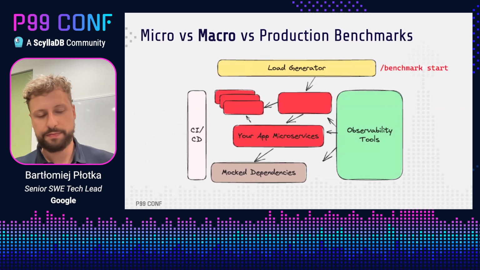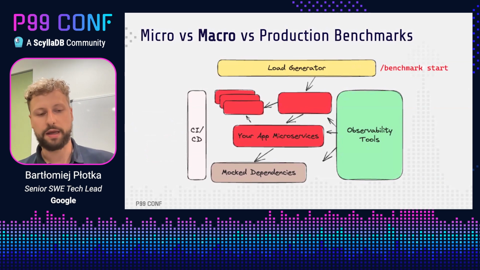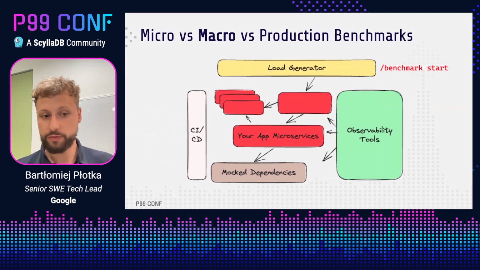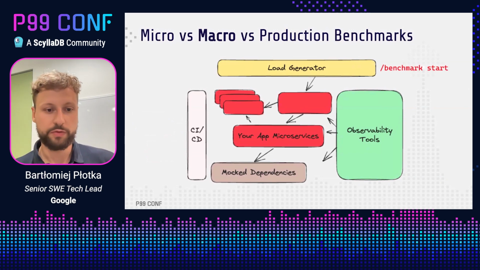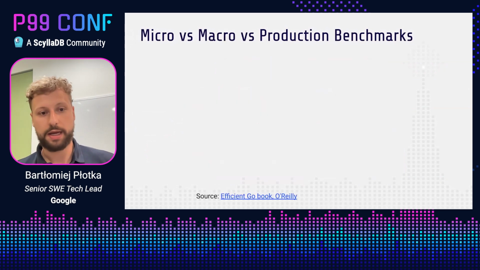For dependencies, maybe you mock them. But the beauty of it, ideally, is that you use similar underlying hardware, maybe a similar cluster, maybe a similar environment, maybe the same observability tools as well, which I would really recommend, because you can use the same observability tools that you use for debugging and monitoring for benchmarking result analytics. And I will show you how.